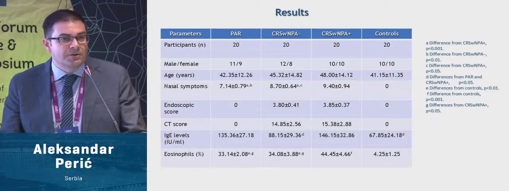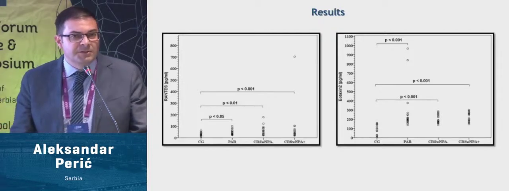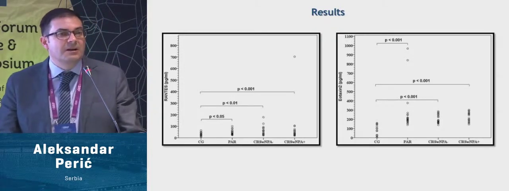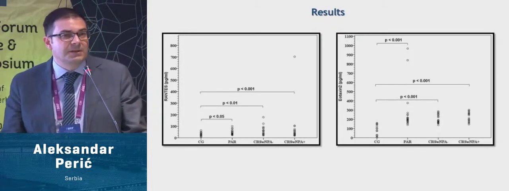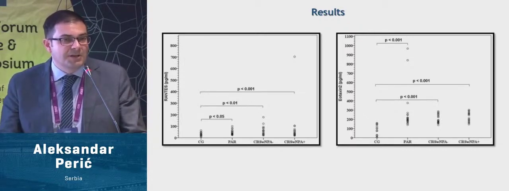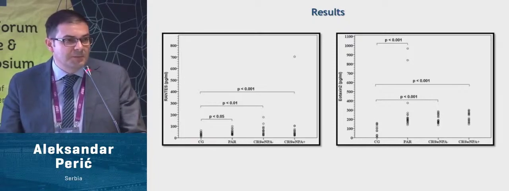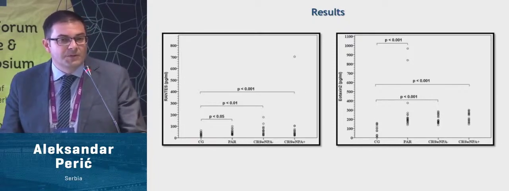Before the start of nasal corticosteroid treatment, we found significantly higher concentrations of rhinitis and eotaxin 2 in the nasal secretion samples of patients with perennial allergic rhinitis and non-allergic and allergic patients with nasal polyps than in the subjects with healthy nasal mucosa.